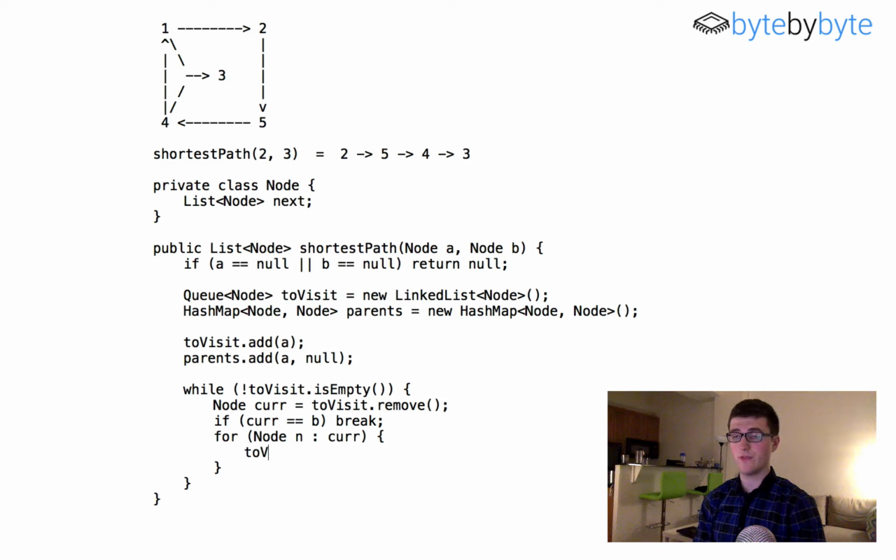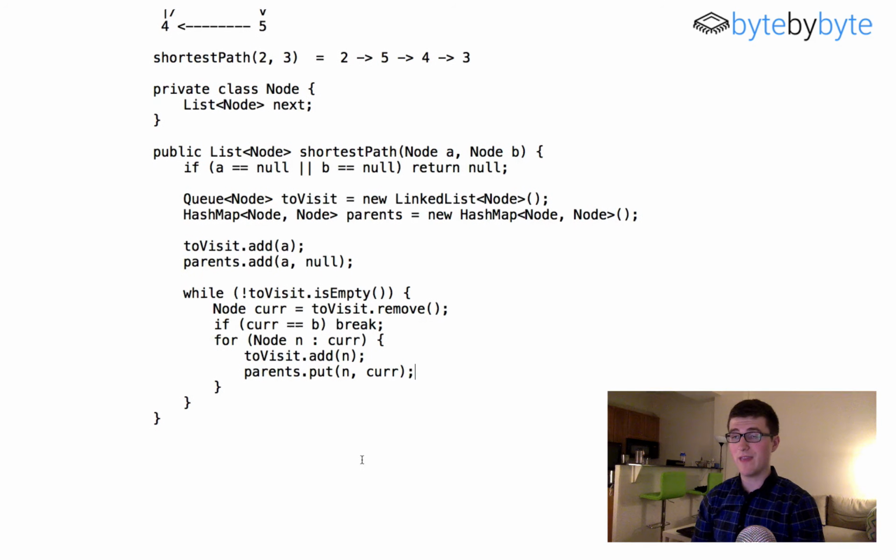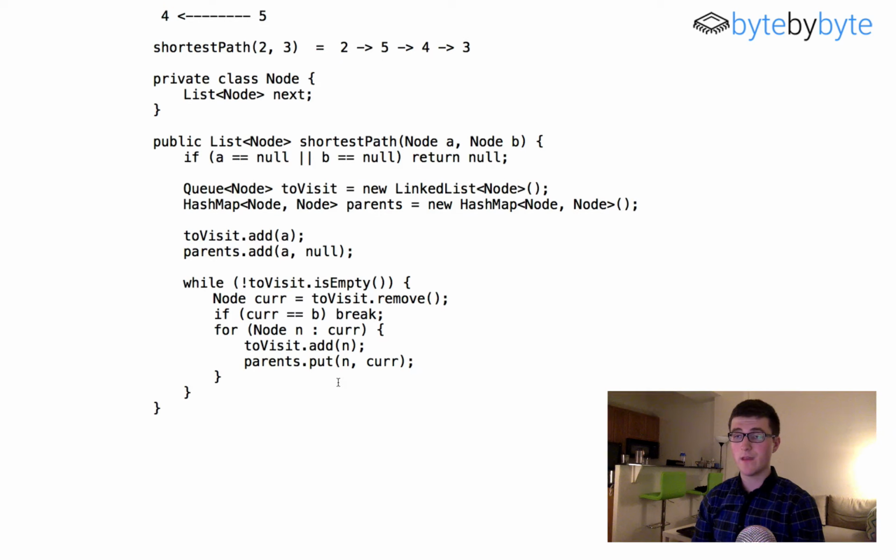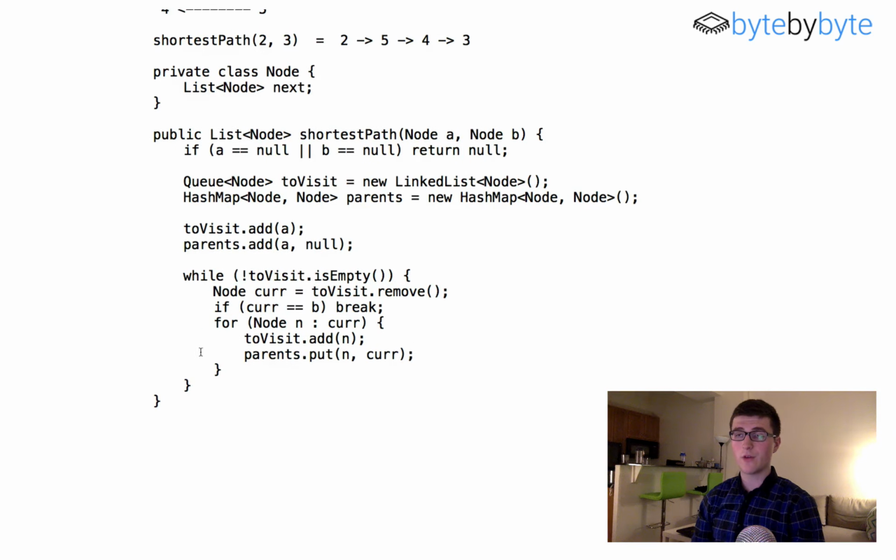So toVisit.add n, and parents.put n and cur, right? Because we know, since we're at cur now, that cur is the parent of n. And so by doing that, we're going to be able to traverse backwards. And then we're going to just keep doing this until we get to the end, and then we can start down here. So we've now constructed our entire hash map.